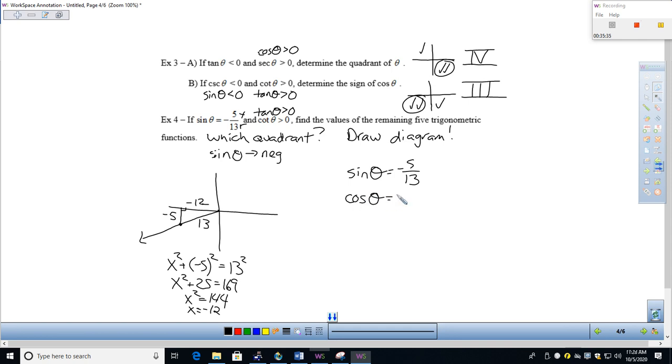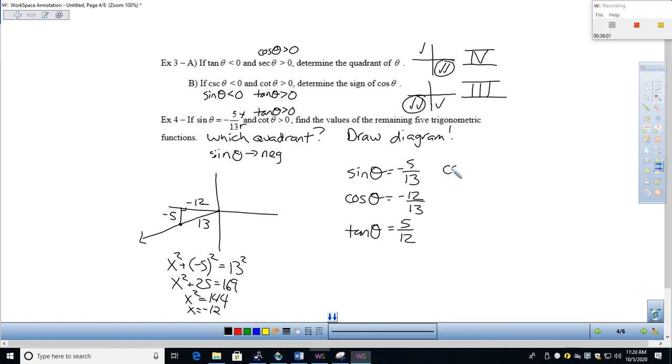No harm done. All right, cosine of theta, x over r. It's just negative 12/13. Look how fast we can do these. Tangent of theta is y over x, negative 5 over negative 12. Negative over negative is positive, which we knew it to be the case, right? If we're in quadrant 3, tangent is positive.